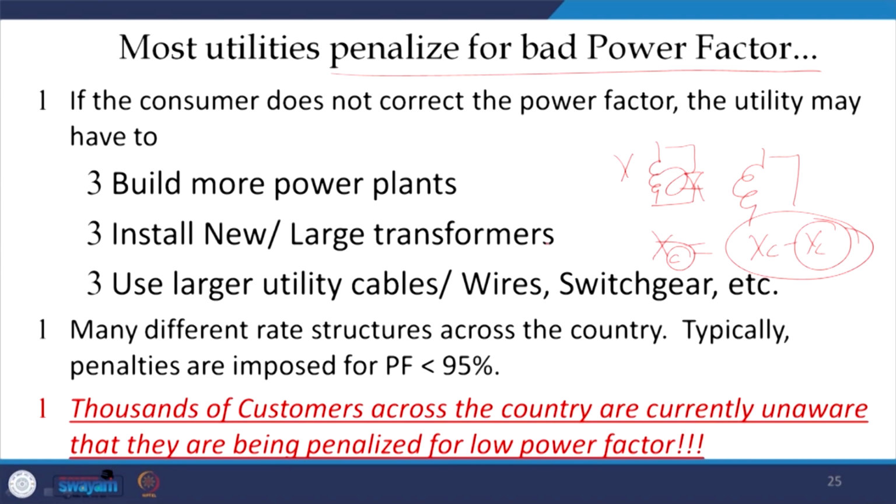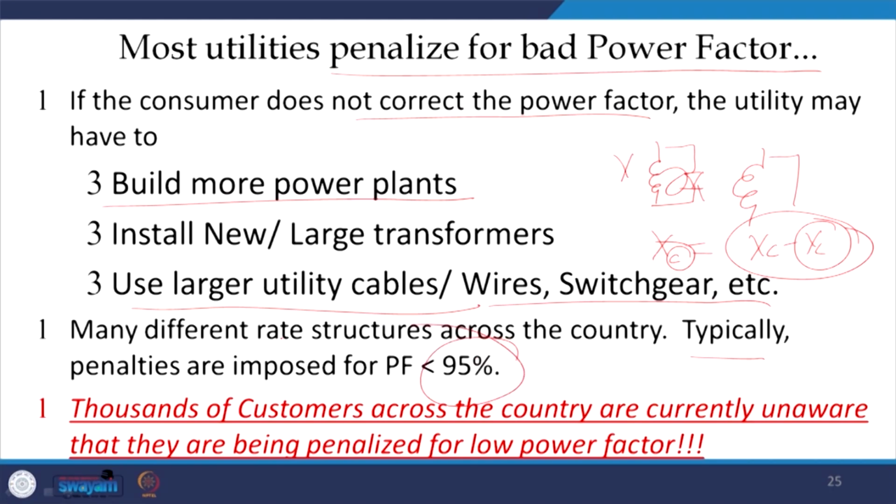If the consumer does not correct the power factor, the utility has to build more power plants, install other large transformers, use large utility cables, wires, switchgear, etc., to handle the higher kVA rating. There are many different rate structures across the country, and typically in India industrial houses are penalized for having a power factor less than 0.95.